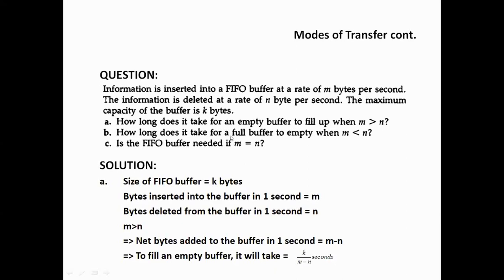How long does it take for a full buffer to empty when m is less than n? So things added per second are less than things deleted per second. So he is saying, suppose that the buffer is full. How much time will it take to empty this buffer?